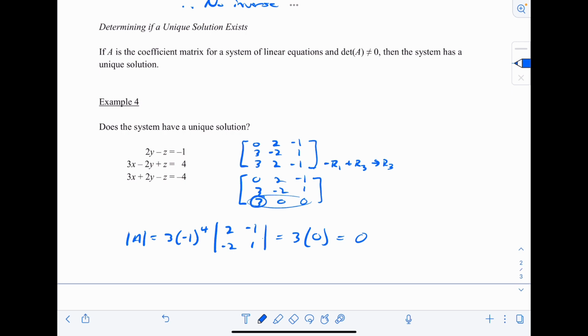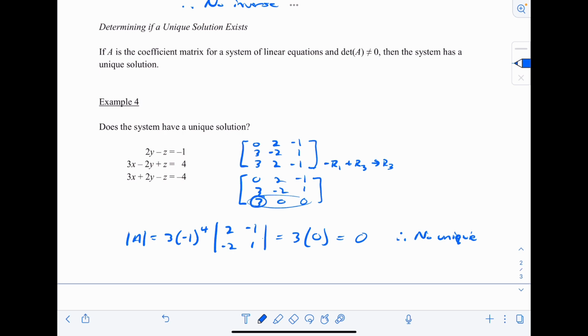So in this case, because the determinant is 0, there is not a unique solution, okay? Now, I don't know what that actually means. I don't know if there are infinite solutions. Obviously we can look at this and tell, right? Because basically what would happen here is because the one is not exactly a multiple of another, it's a case of no solution then, because we don't have two lines overlapping.